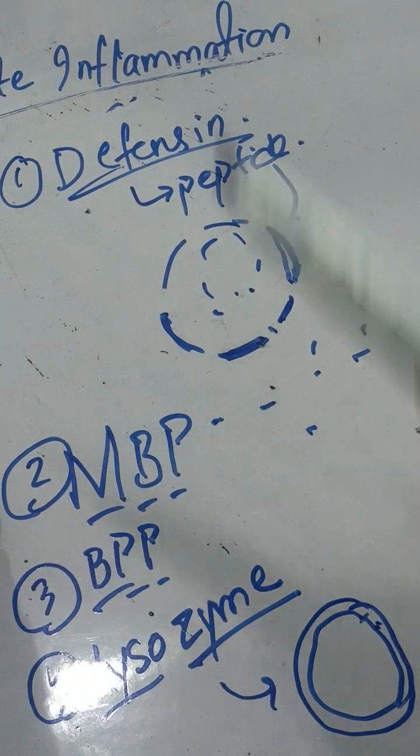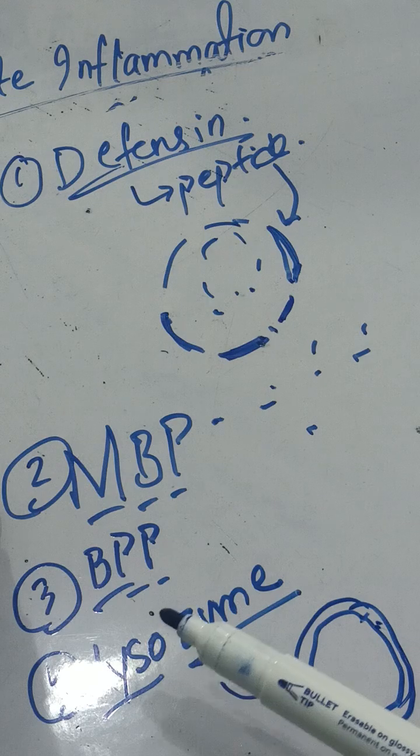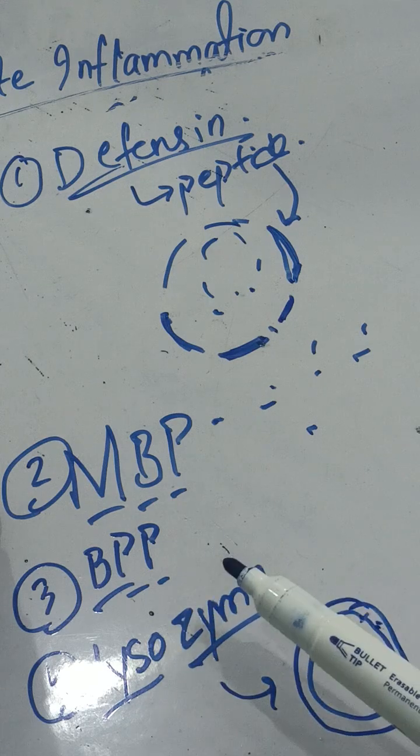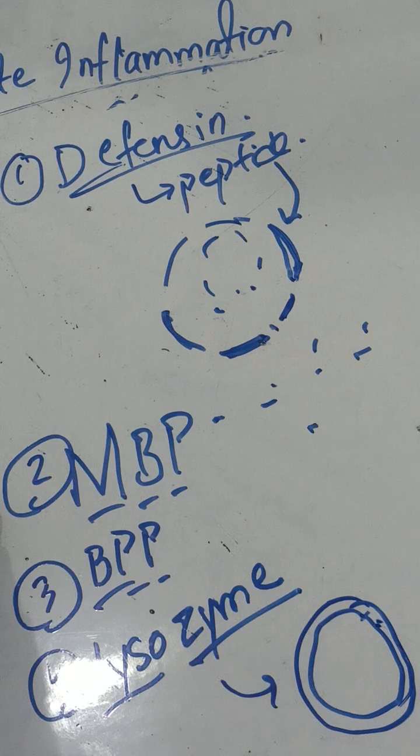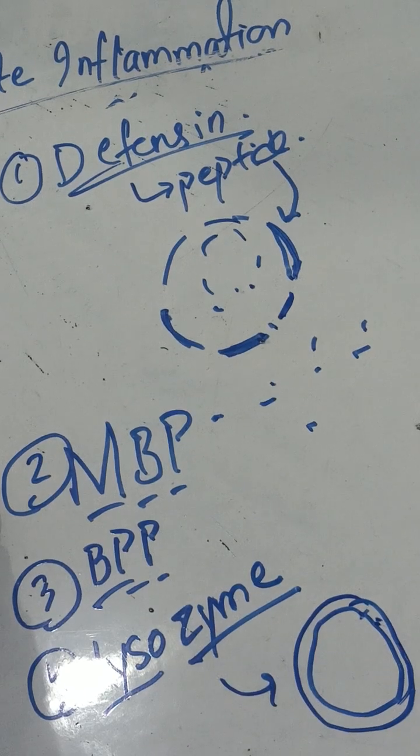So defensin, major basic protein, bactericidal permeability increasing protein, and lysozymes can kill your microbes. So these are all the things through which we can kill all the kinds of microbes that enter our body.